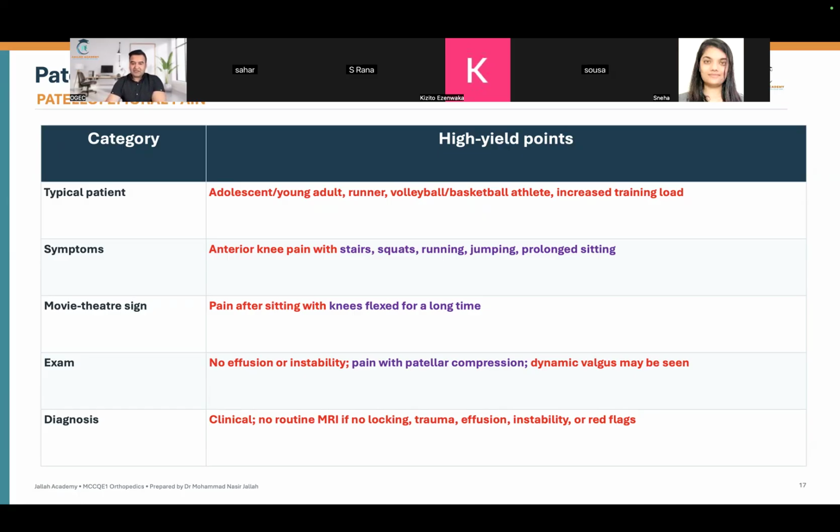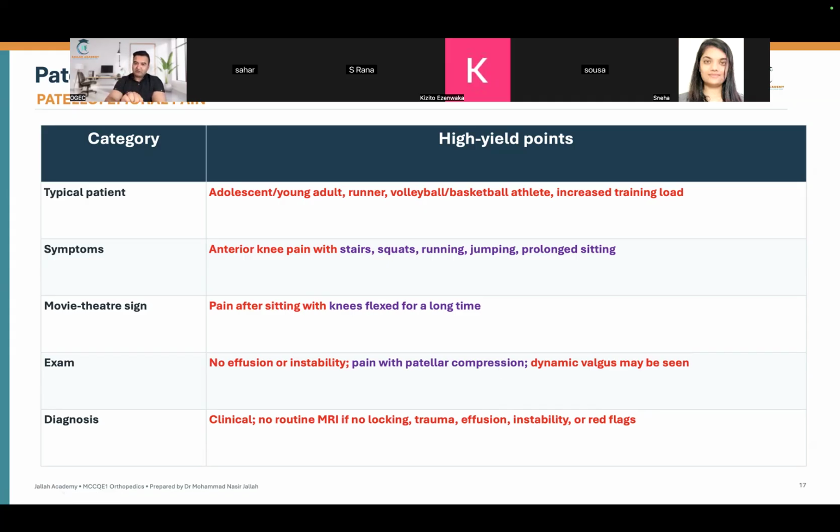No effusion or instability, and pain with patellar compression. This is very important. Another characteristic finding, I made it a different color: pain with patellar compression. So when you compress the patella, the patient has pain.